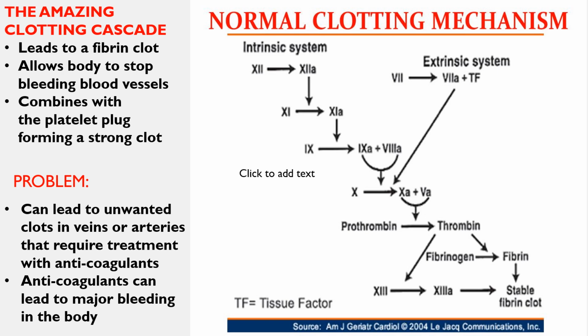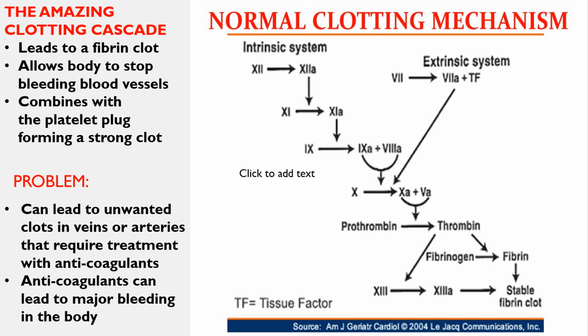And when this system is activated, it goes down this cascade to the final product being a stable fibrin clot, which has stopped the bleeding, which was the intention in the first place, because this system is to protect you from bleeding to death. Okay?